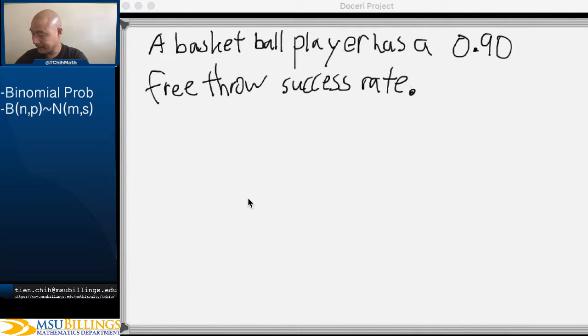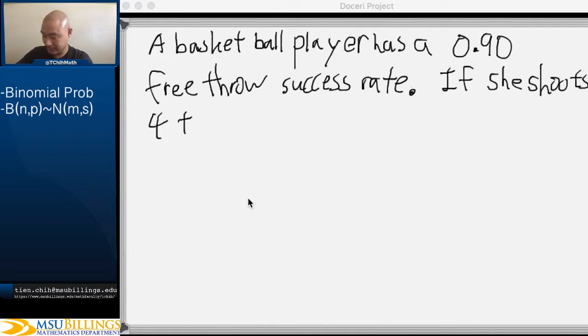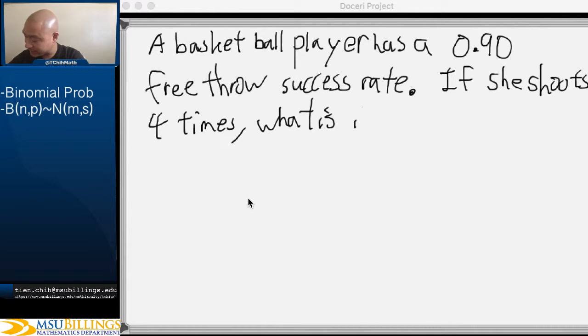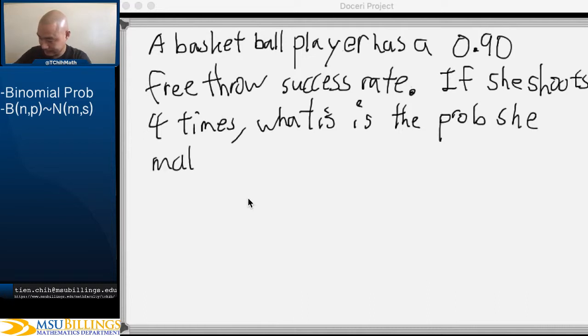All right. If she shoots three or four times, let's say, then what is the chance that she makes four shots?